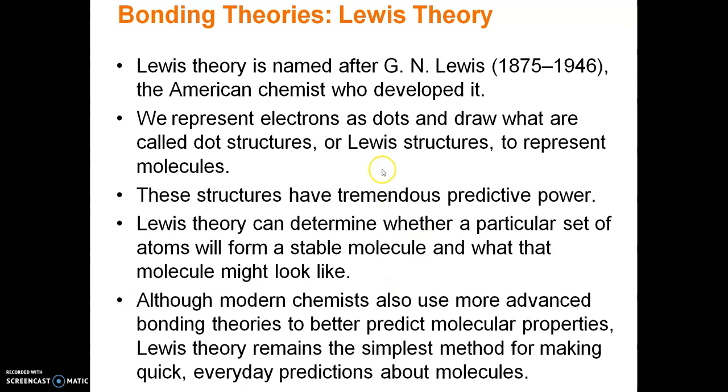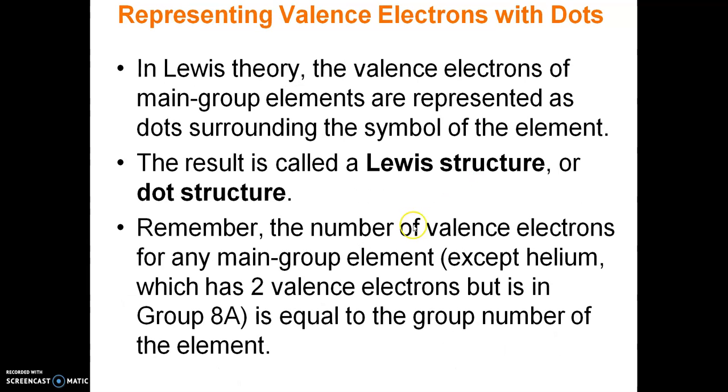What Lewis decided to do, back in the late 1800s or maybe early 1900s, was write the electrons as dots, only the valence electrons. You'll draw the electrons as dots around the symbol for the element, and that's something we call a Lewis dot diagram, and we'll build Lewis structures out of those.